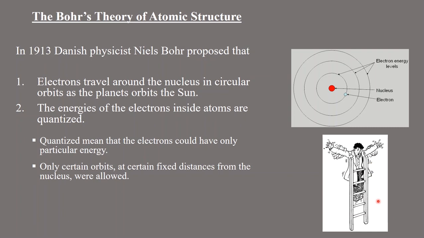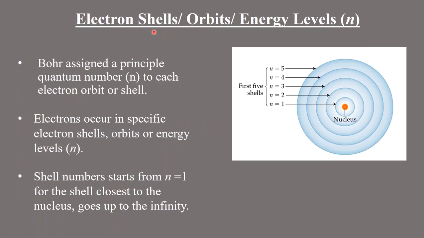A person on the ladder can stand on the first step, second step, third, fourth, and so on, but he cannot be found in between two steps. The same is true for the electrons in Bohr's atomic model. Electrons can be on the first orbit, second orbit, or third orbit, but they cannot be found in between these. Let's look at the electron shells, orbits, or energy levels.